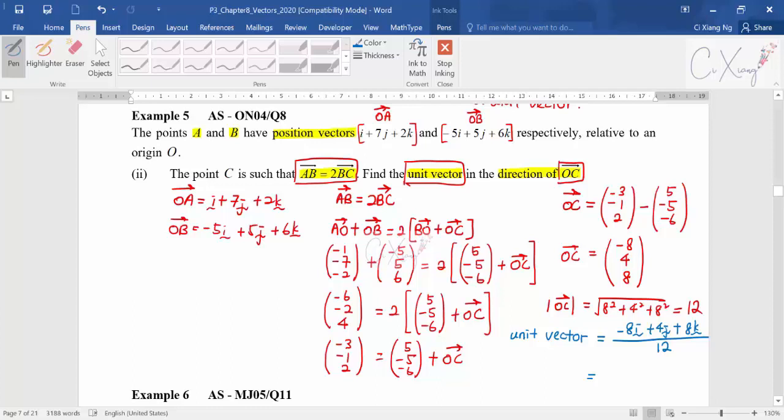So if you simplify, you should have -2 over 3 i plus 1 over 3 j, and also plus 2 over 3 k. So this is actually your unit vector in the OC direction.